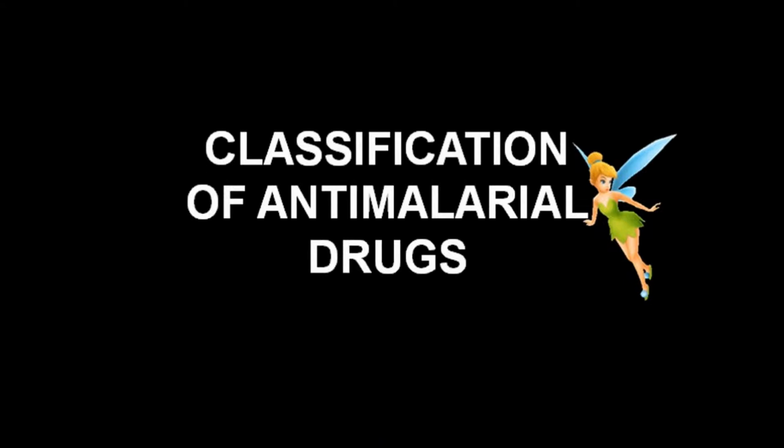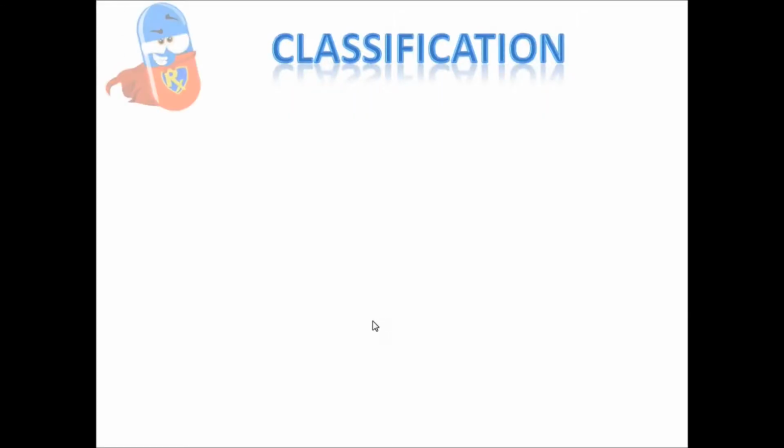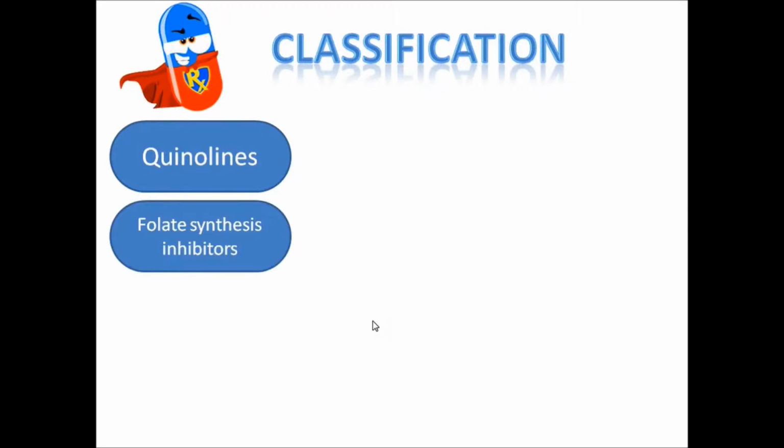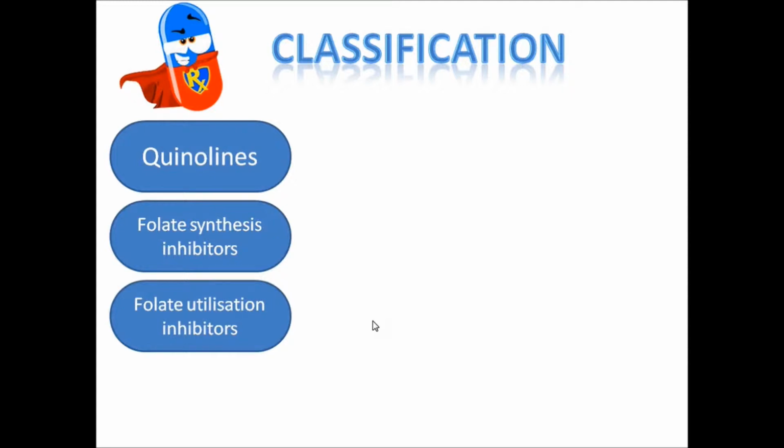Classification of anti-malarial drugs. There are various drugs that have been developed around the world in order to treat malaria. These drugs can be classified into several groups, which are quinolines, folate synthesis inhibitors, folate utilization inhibitors, and others.